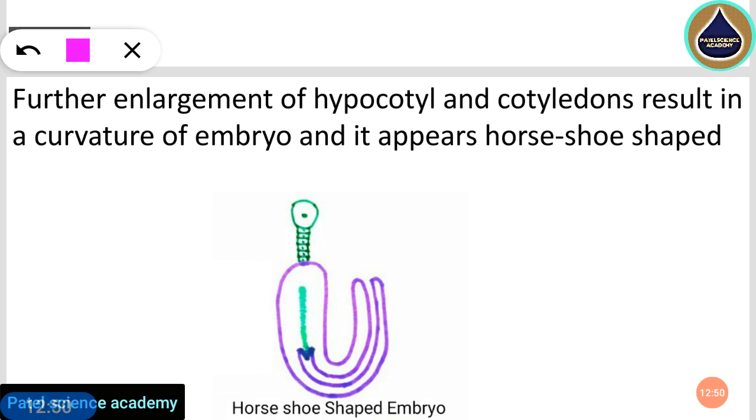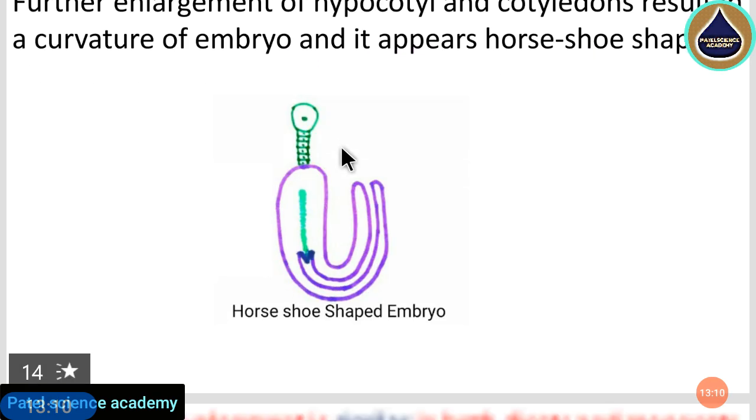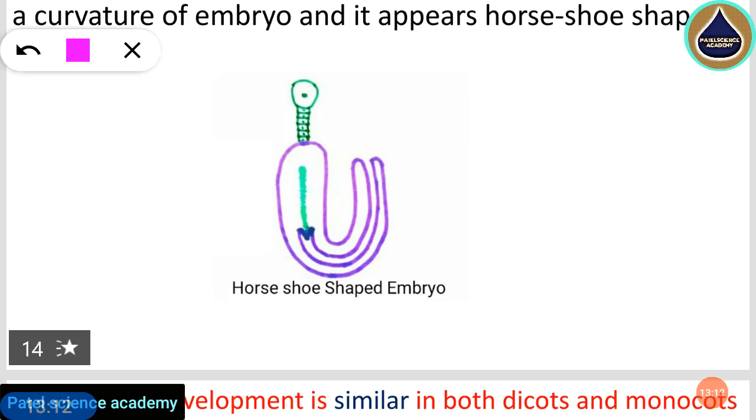Further enlargement of this hypocotyl and cotyledons results in the curvature of the embryo. Because of that hypocotyl and cotyledon enlargement, this embryo shows a curvature, and it appears like a horseshoe shape. So you can observe here in this structure the shape of this octant, which was previously a heart shape.